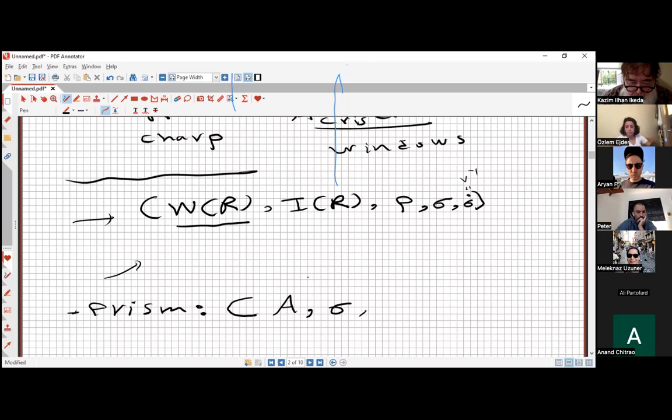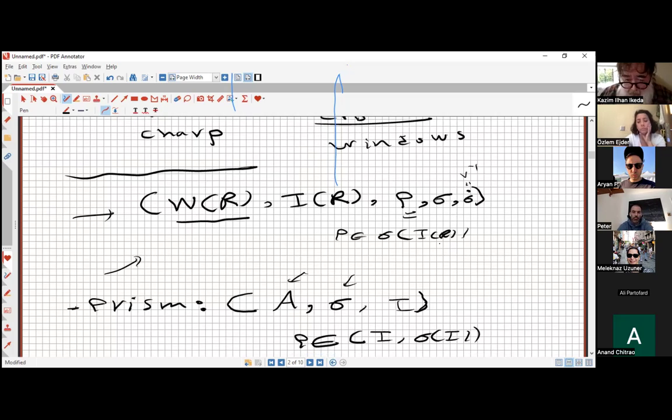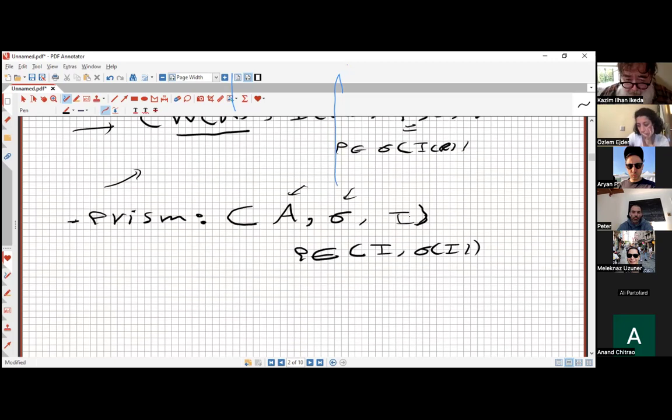So a prism is a ring, a Frobenius sigma on that ring, and a Cartier divisor I, such that p is in the ideal generated by I and sigma of I. We call such a thing a prism. Of course, A should be I-adically complete.